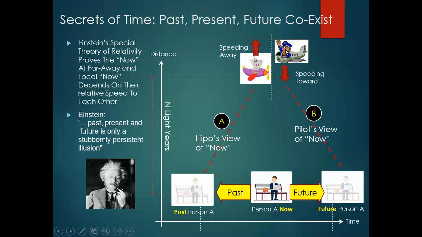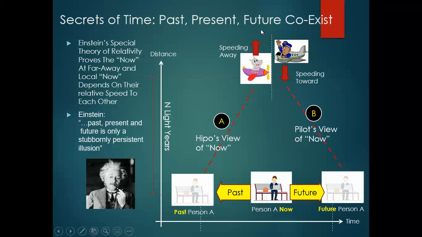And if the pilot flies the airplane toward Earth and he's observing person A on the park bench, he's actually not observing person A right now. He's observing person A in the future. From this thought experiment, one can realize that whether person A is in the present, in the past, or in the future actually depends on the conscious choice of the pilots.